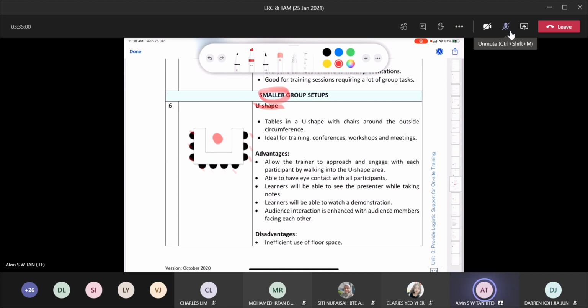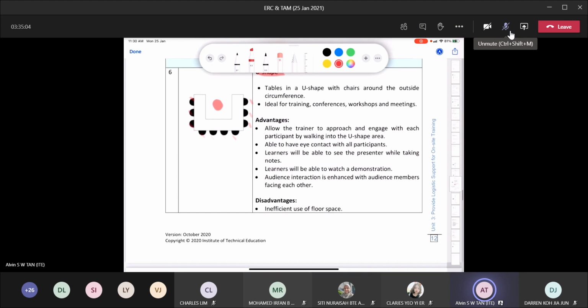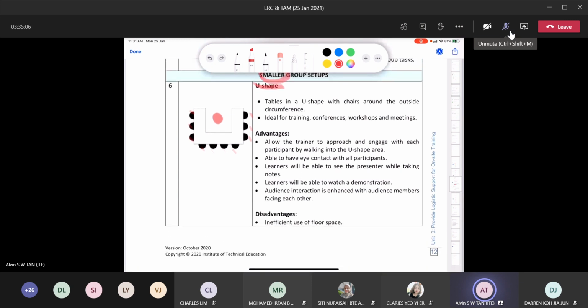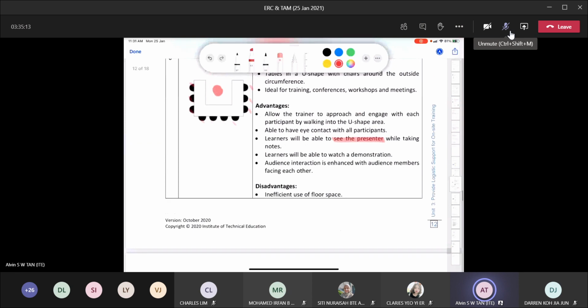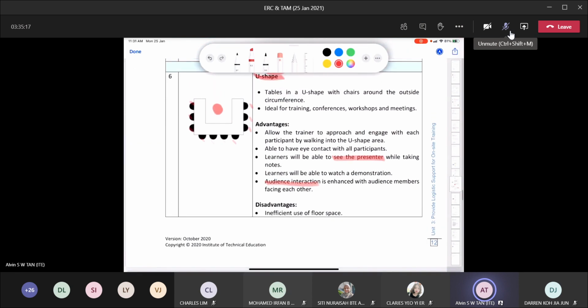Because you are looking at each other, it will also help with your collaboration. So things like this: see the presenter, audience interaction, engage, all this. By looking at the shape, you should roughly be able to tell.